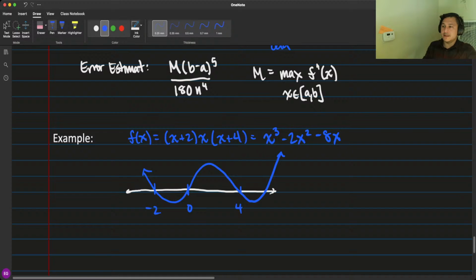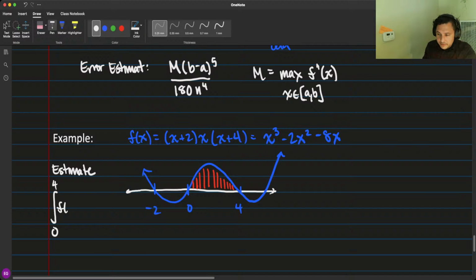Okay, and I want to estimate the area between 0 and 4. So we are going to estimate the integral from 0 to 4 of f of x.